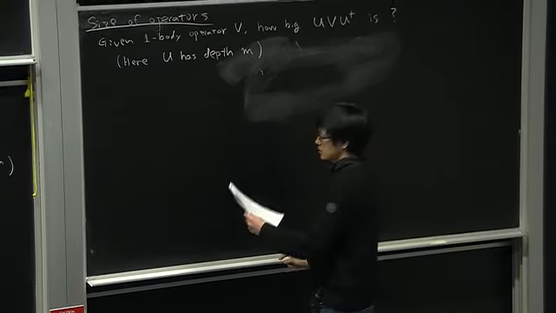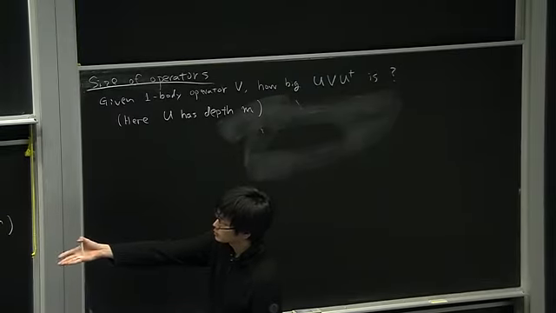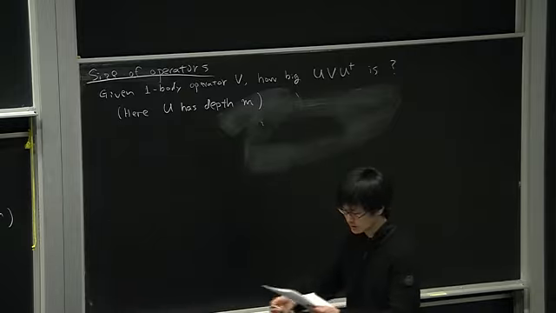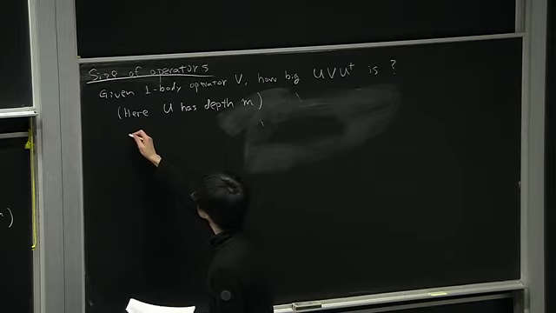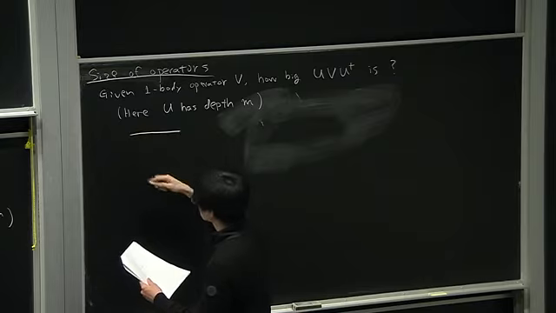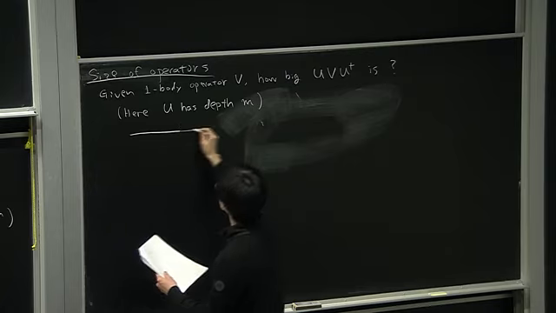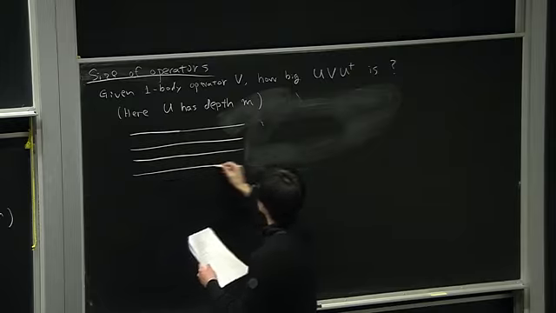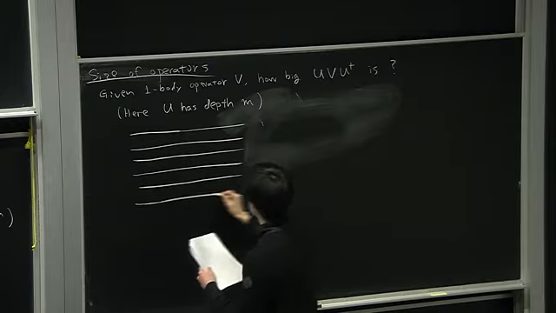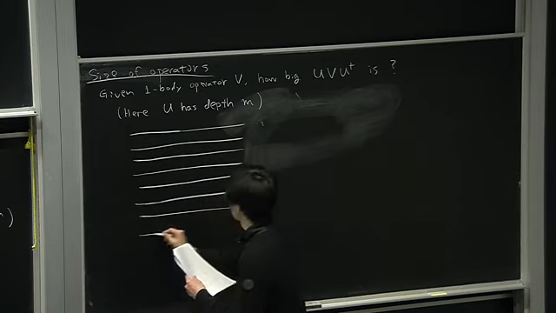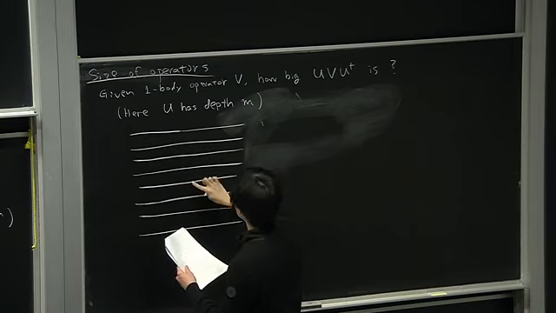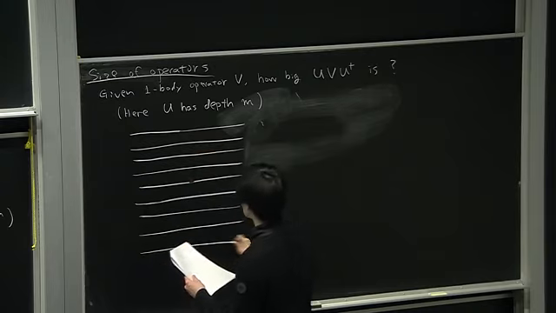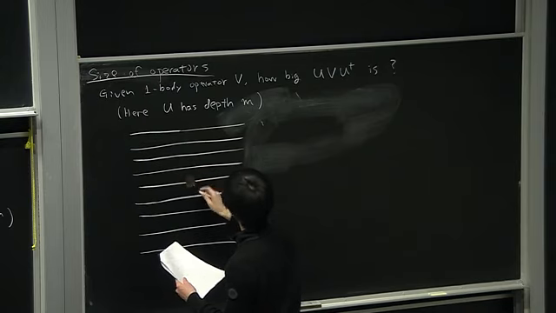Now, to address this question, I will draw a one-dimensional picture, but you can generalize this to 2 dimensions, 3 dimensions, and so on. I'm gonna draw a bunch of lines to illustrate the idea. Let's make it symmetric just in case.